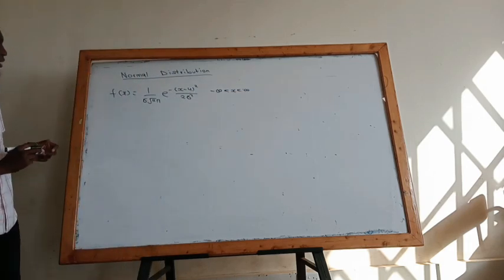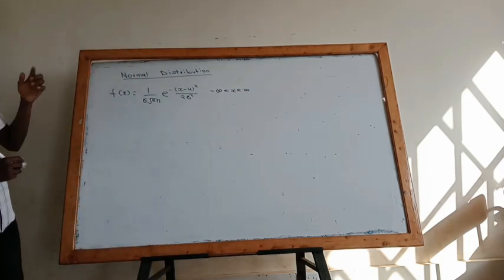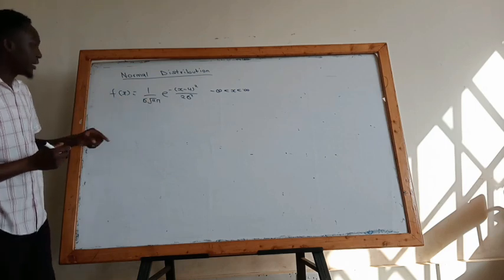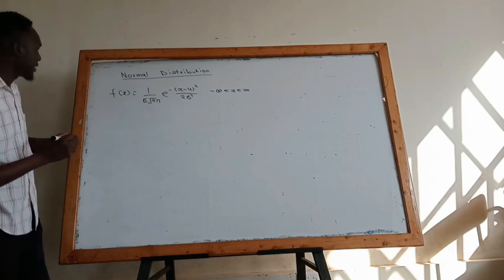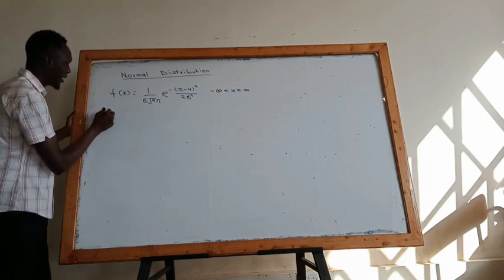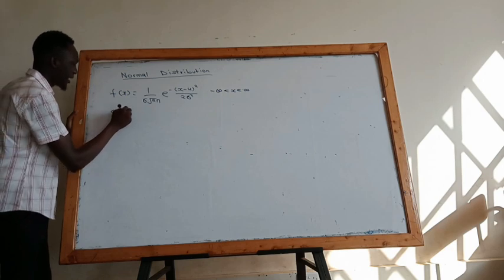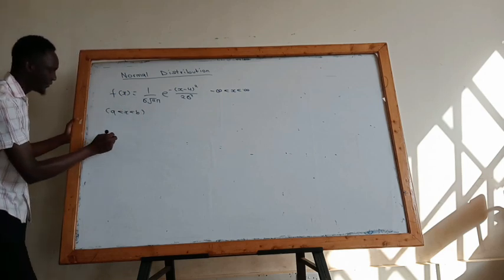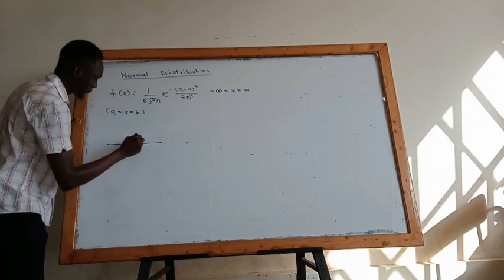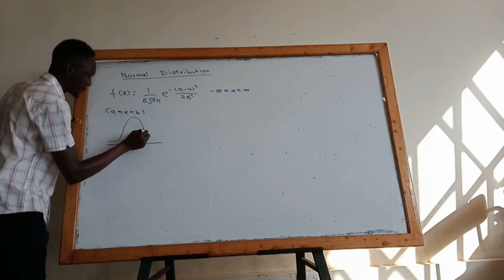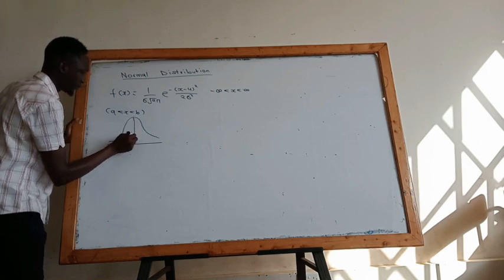So you find that in the normal distribution, f of x is difficult to integrate, since when you want to find the area, for example the area between a and b, that is a less than x less than b, let's have the sketch.